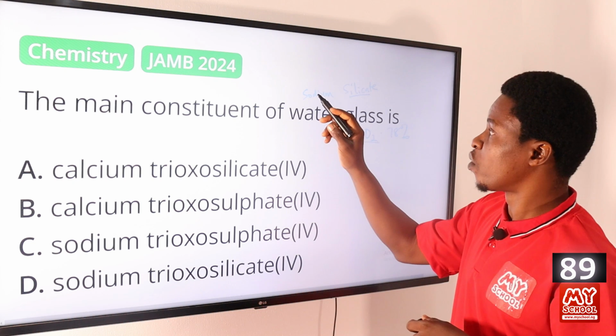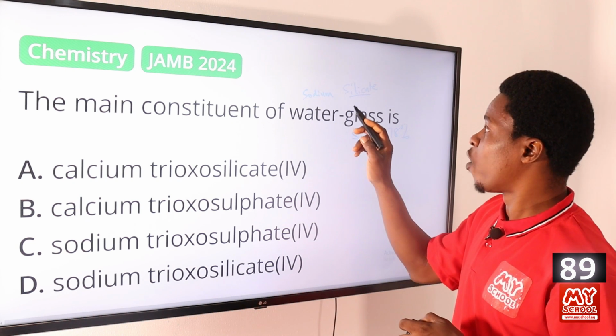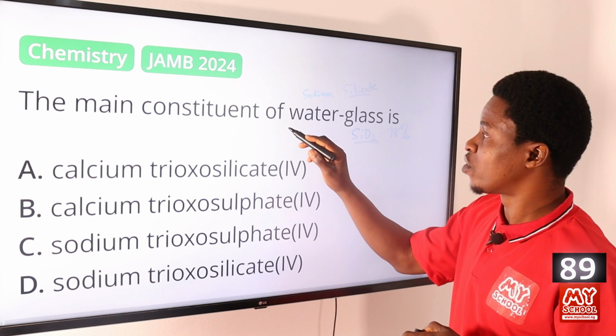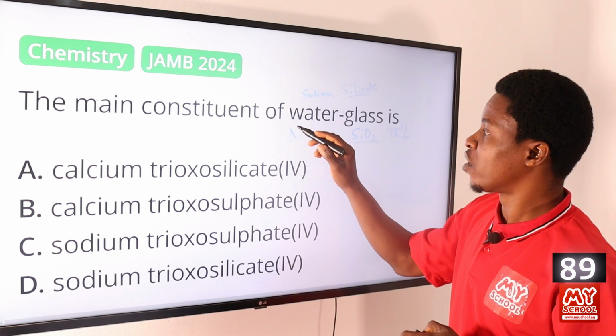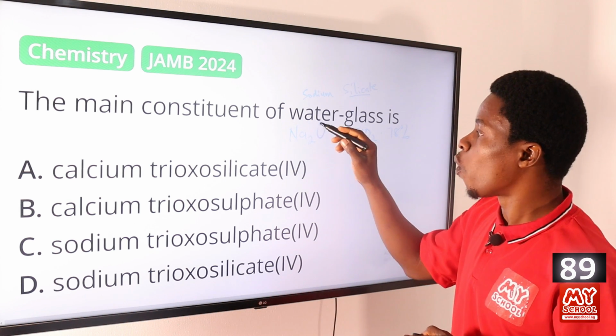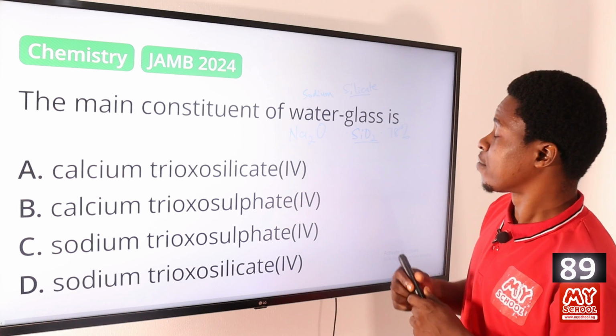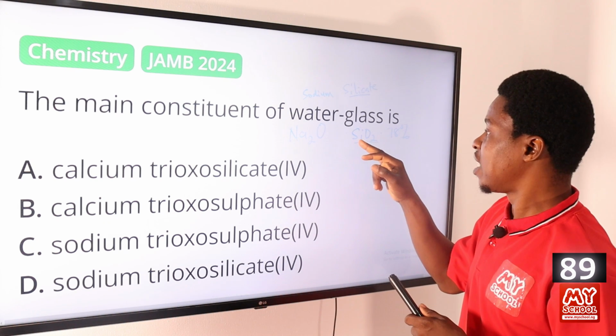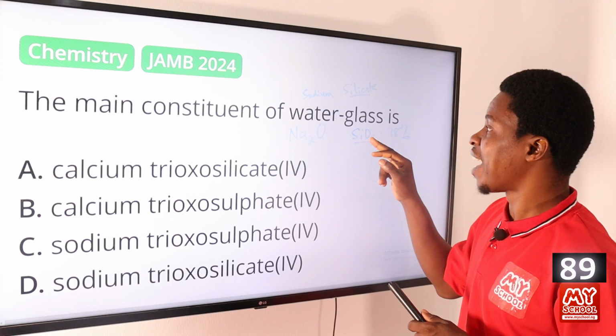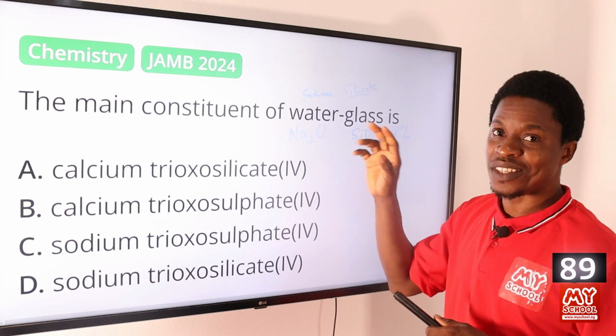Then we have sodium also. The sodium aspect of this water glass is what we call sodium oxide, Na2O. Sodium oxide reacts with silicon 4 oxide or silicon dioxide to give us what we call water glass.